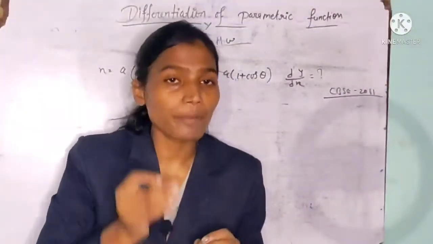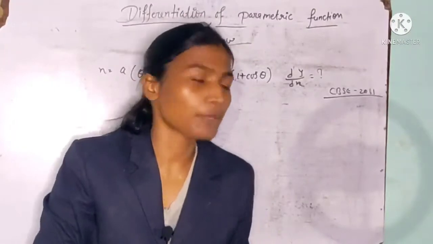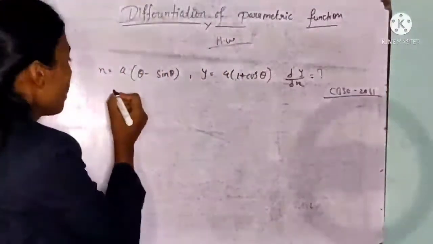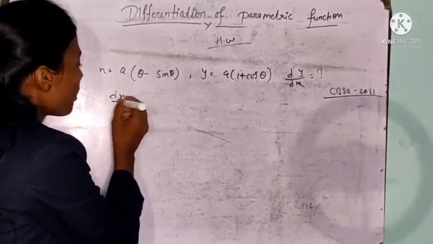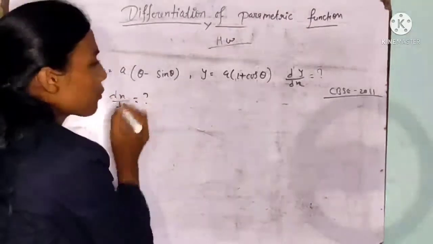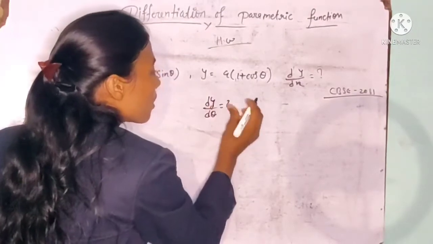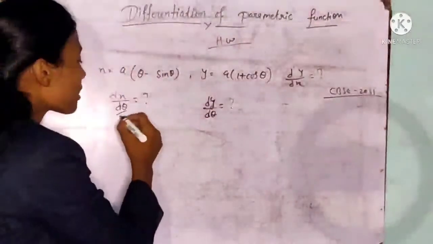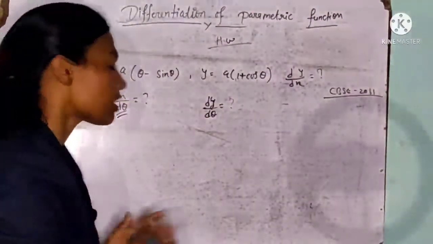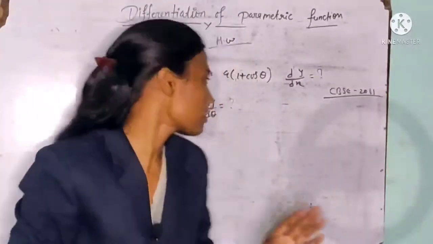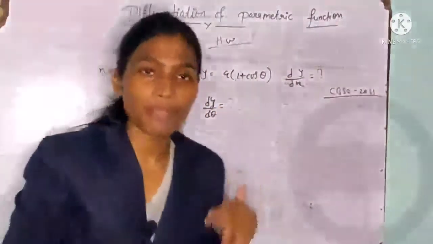So first we must differentiate both functions with respect to theta, like dx upon d theta we need to find, and dy upon d theta we need to find. So differentiate x with respect to theta and same as differentiate y with respect to theta.